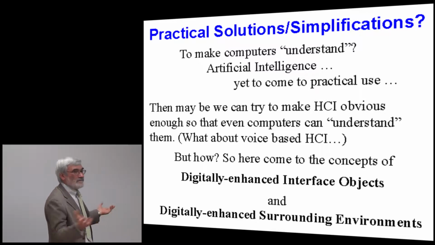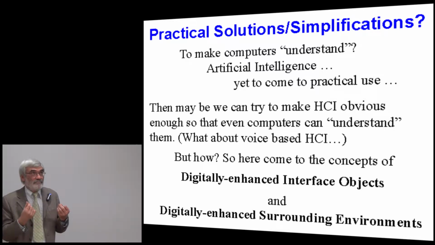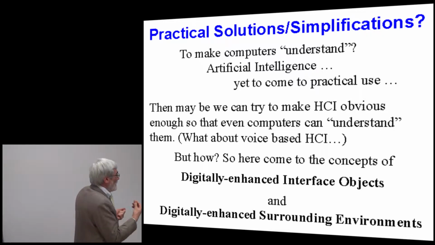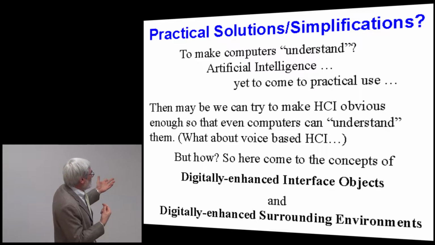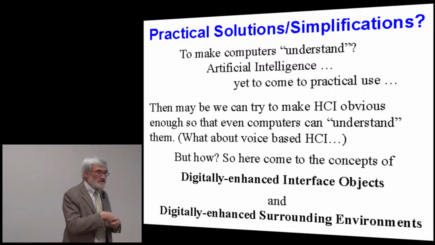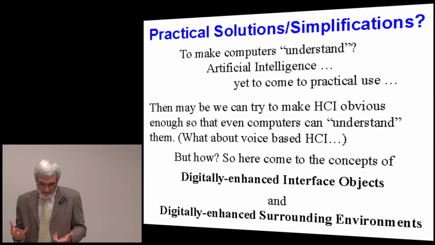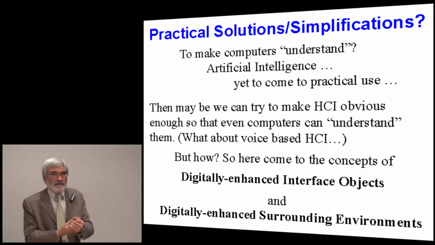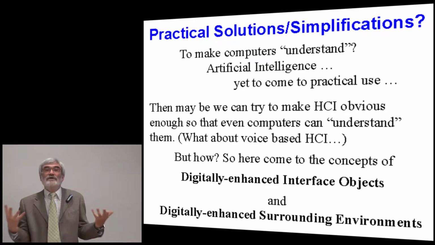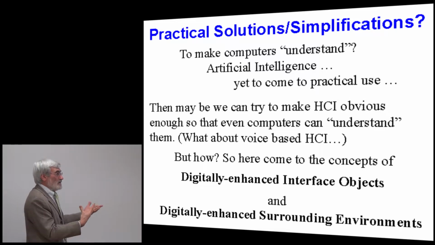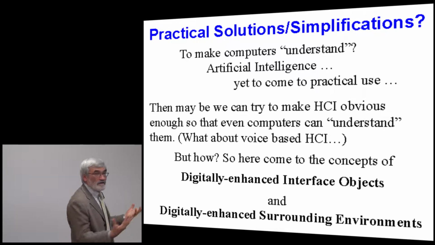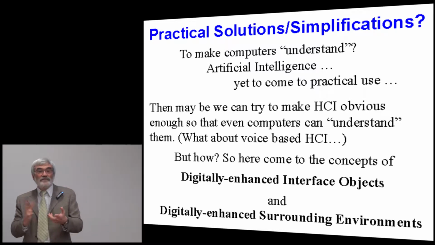Just computers, they find the answer in some magic way. So, to help computers to digitally enhance, the idea is to enhance digitally surrounding objects in such a way so that they look the same for us, but for computers they look different.